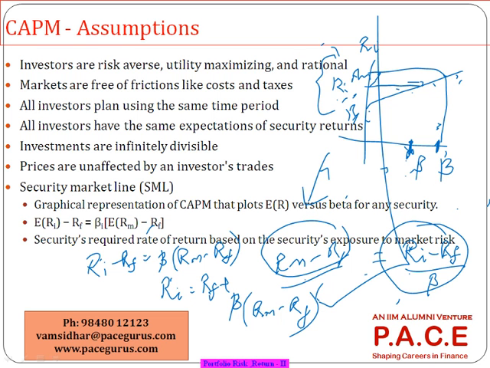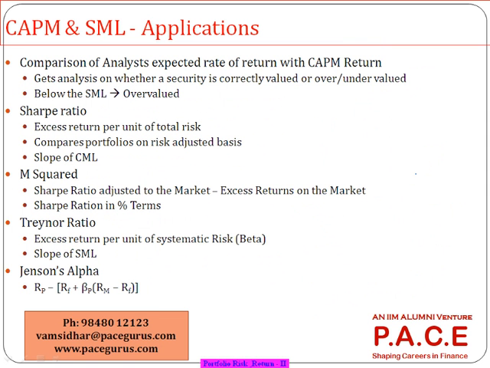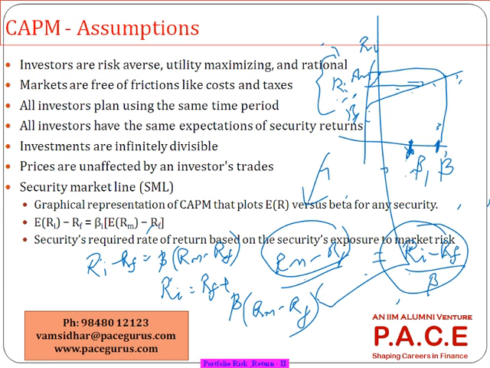This is nothing but Treynor ratio. The slope of the SML, there are two ways of defining it. Either the Treynor ratio when you take it like this, or risk premium when you take it as RM minus RF. So this combination is what you have to typically remember.